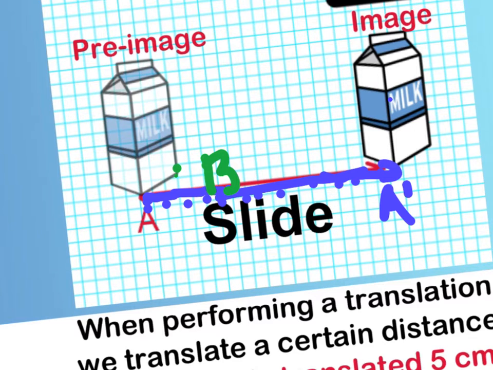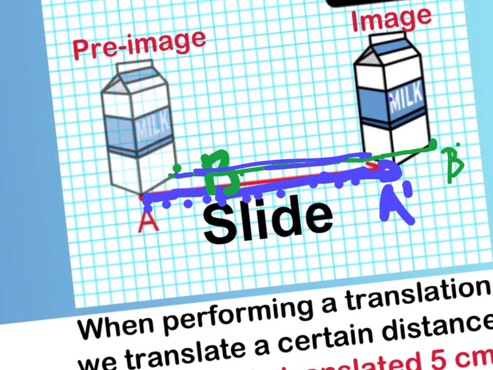So if I'm going to move this point B and make it a translation of the shape, I have to also slide it 19. 1, 2, 3, 4, 5, 6, 7, 8, 9, 10, 11, 12, 13, 14, 15, 16, 17, 18, 19. It goes here to be B prime. A mistake that a lot of people make is that they try to say that they're just going to slide it from here to this point, right there.